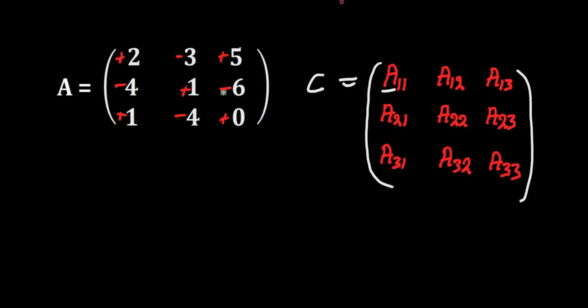So for A row 1, element 1, that is positive, and then just open a parenthesis. So let's clean up this.